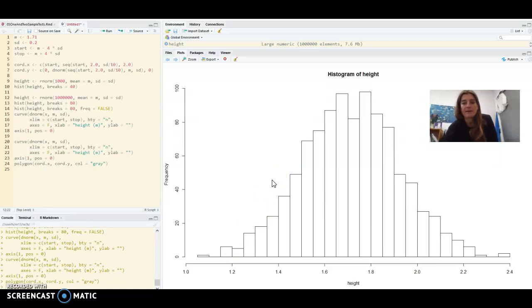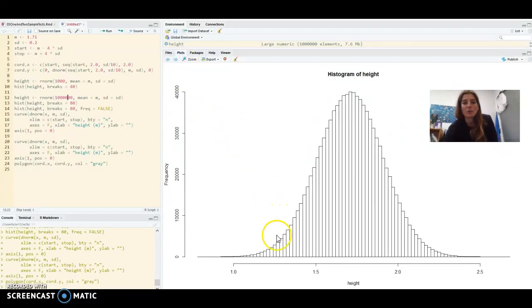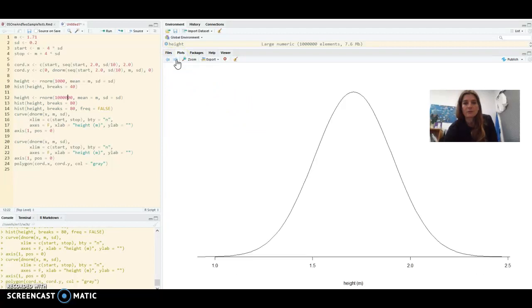Now if you take very many more people, let's say 1 million, you end up getting something which is starting to look a bit smoother. Still a frequency histogram. Now if we actually take almost an infinite number of people, so the entire population, so that we smooth this curve out a bit, and we also scale the area under the curve to be 1, then that's what we mean by a distribution.